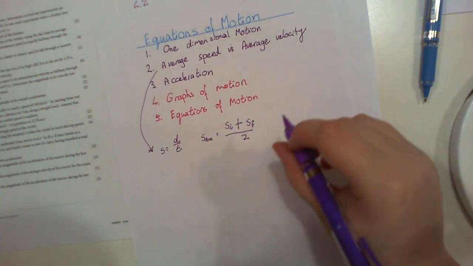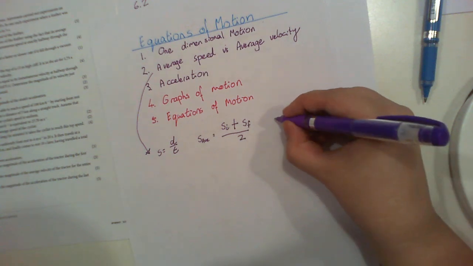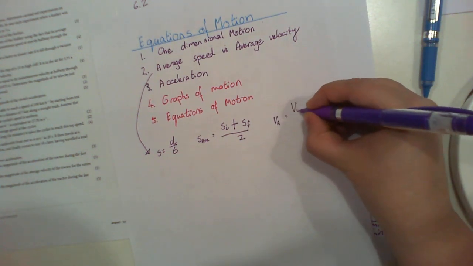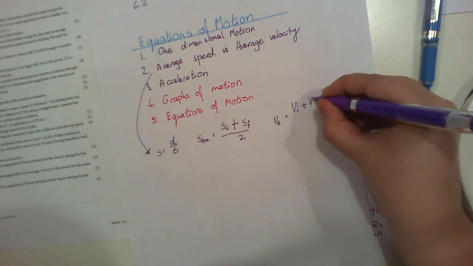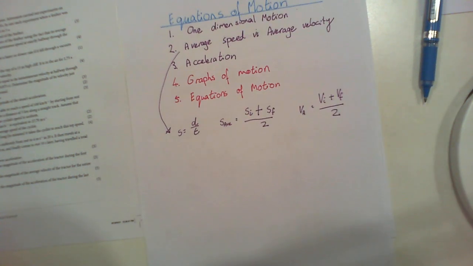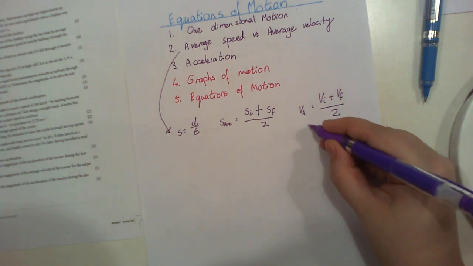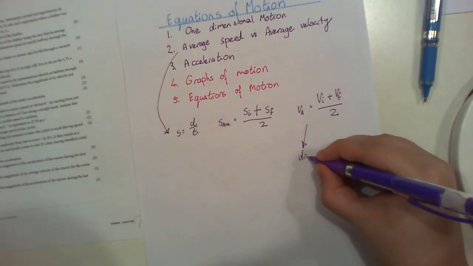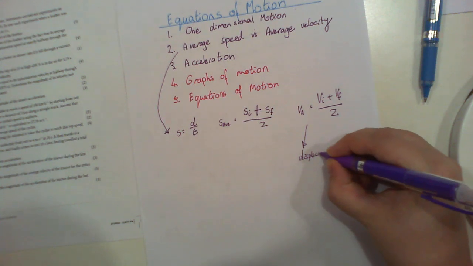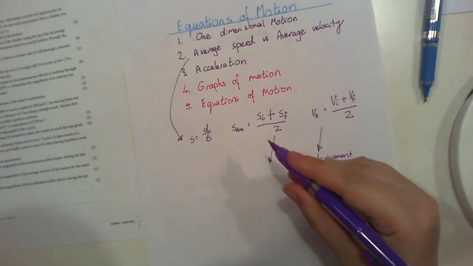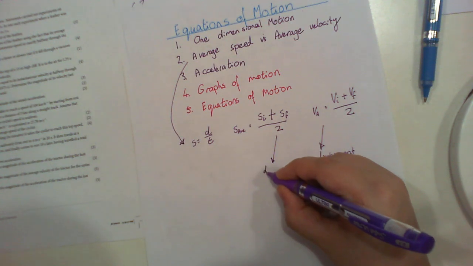The same thing for average velocity is your initial velocity plus your final velocity over 2. What is the difference? Of course, average velocity uses displacement and average speed uses distance.